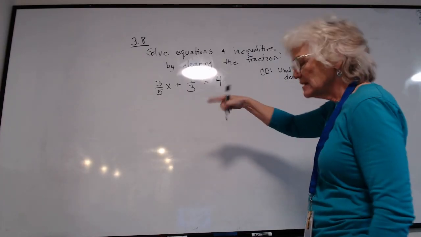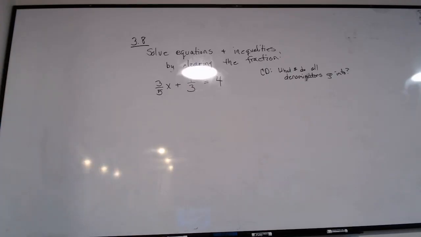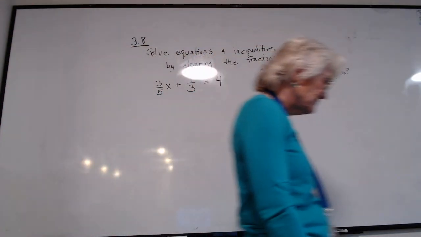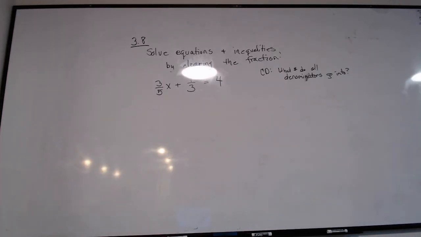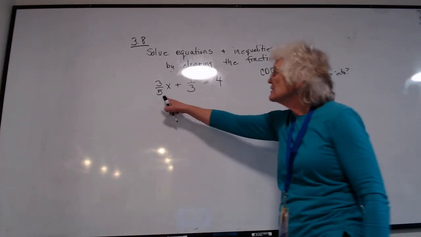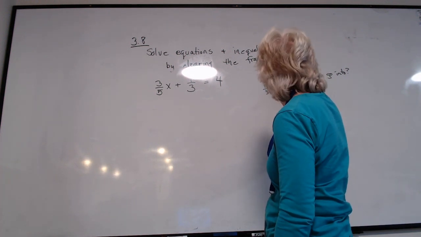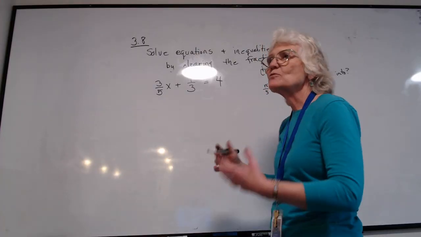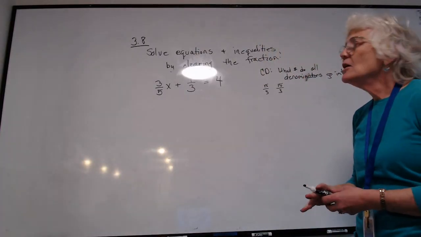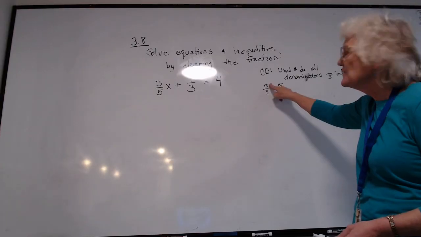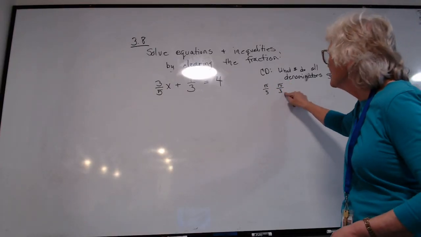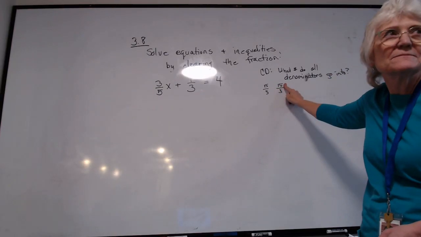Okay, so if I look at this fraction, what is the common denominator for these numbers? Max? 15. 15, yes. So we could say 15 can be divided by 5 and 15 can be divided by 3. That's what we're actually saying, okay? Because 5 goes into 15 3 times, and 3 goes into 15 5 times.